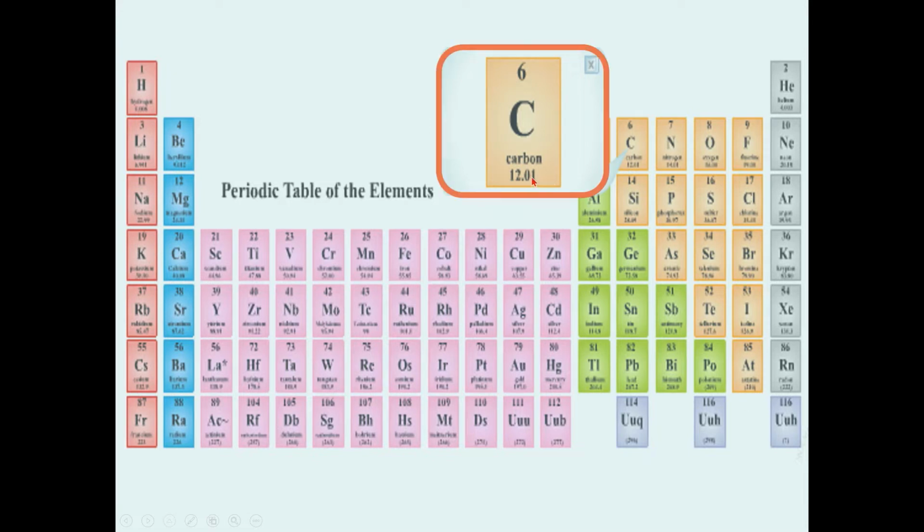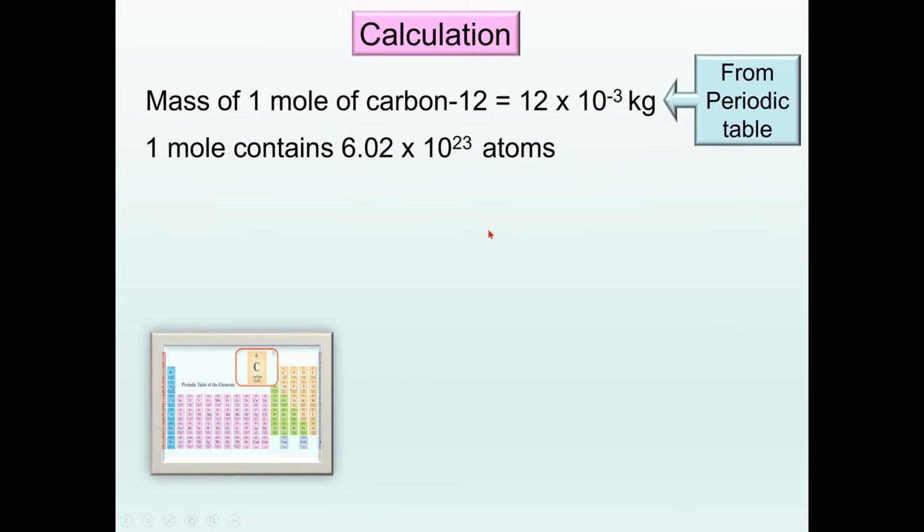We are going to use this to derive the 1 U. Then we use the Avogadro number, 6.02 times 10 to the power of 23 atoms. So 1 mole contains 6.02 times 10 to the power of 23 atoms. And the 12 gram per mole, we convert to kilogram, so 12 times 10 to the power of negative 3 kilogram.